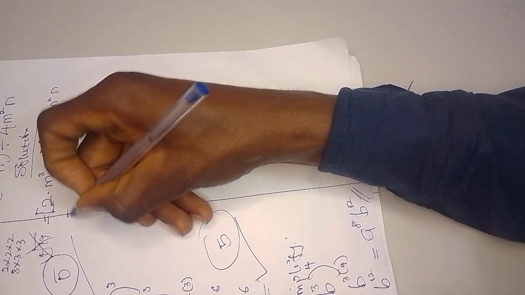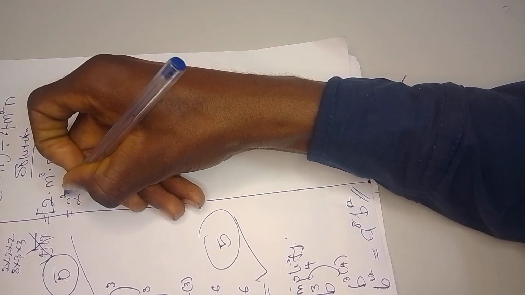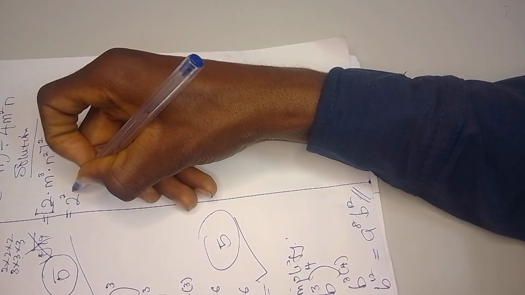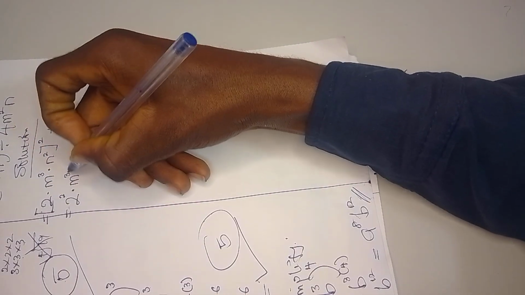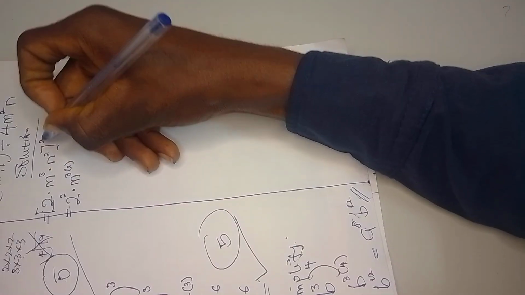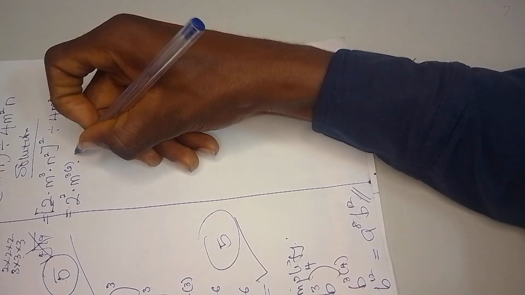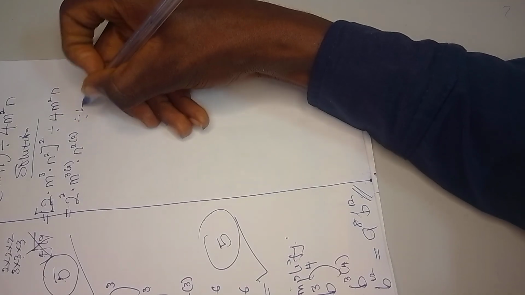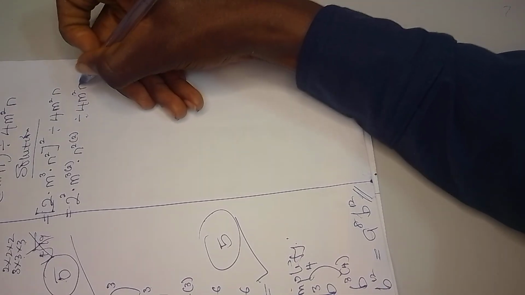So this will now give you 2 raised to the power of 2, right? Because this power 2 will come and affect it, times n raised to the power of 3 into bracket 2, because this power 2 will affect it, times n raised to the power of 2 into bracket 2, then divided by 4n raised to the power of 2n.